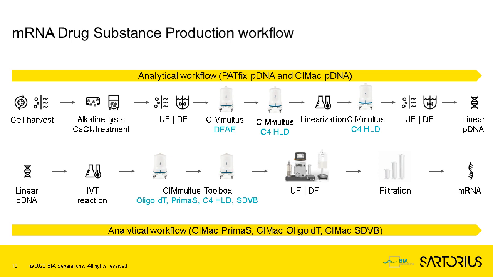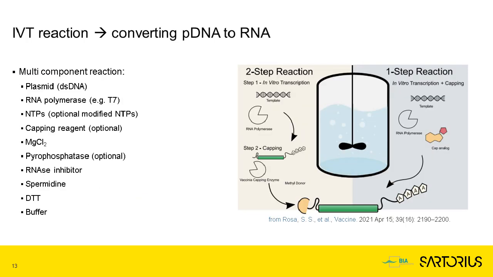IVT reaction. So let us consider what's the job ahead. IVT reaction is an enzymatic reaction of converting double-stranded DNA that we've just produced and purified into mRNA or other RNAs, and it typically utilizes T7 polymerase and NTPs, nucleotides, as the building blocks of RNA.